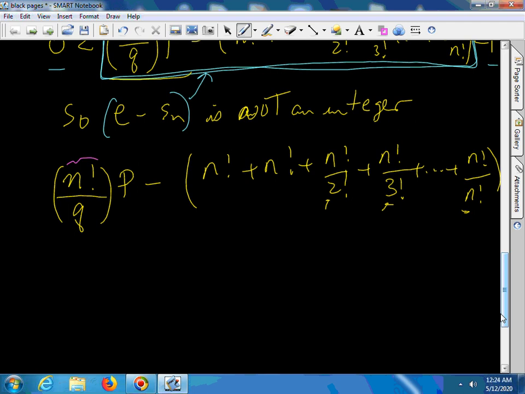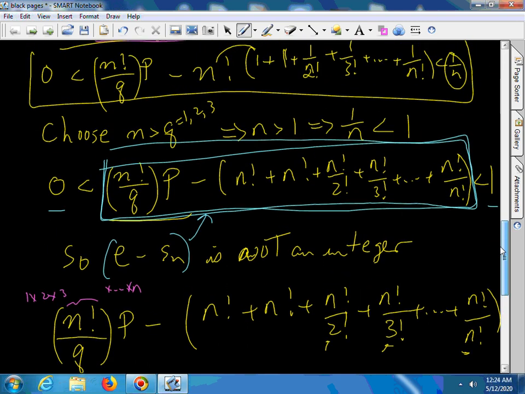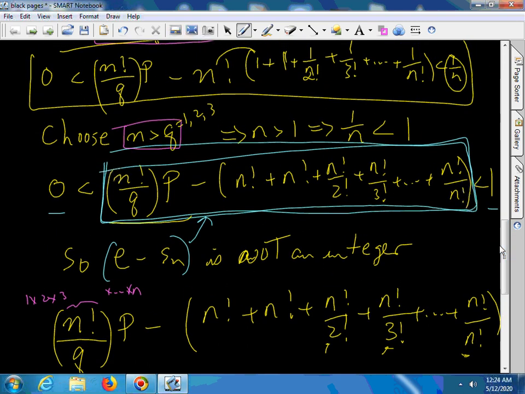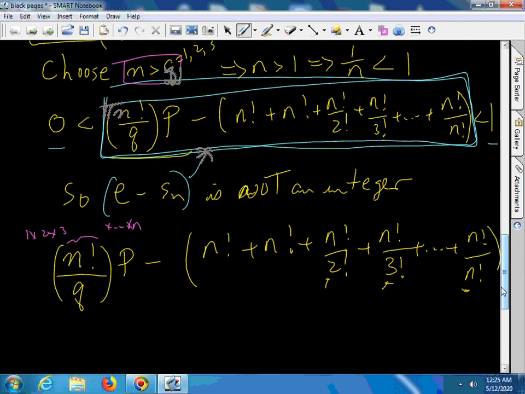Now here is where it comes together. n factorial is 1 times 2 times 3, all the way up to times n. But let's look at it carefully. n is bigger than q. That is, q is less than n. Somewhere in between 1 and n, you're going to have a factor of q.